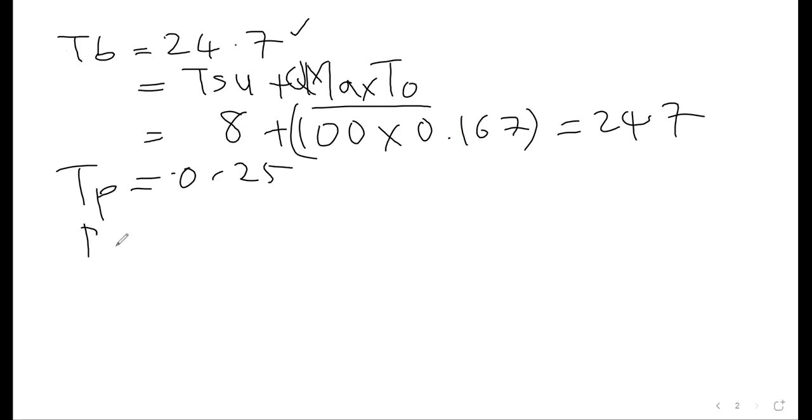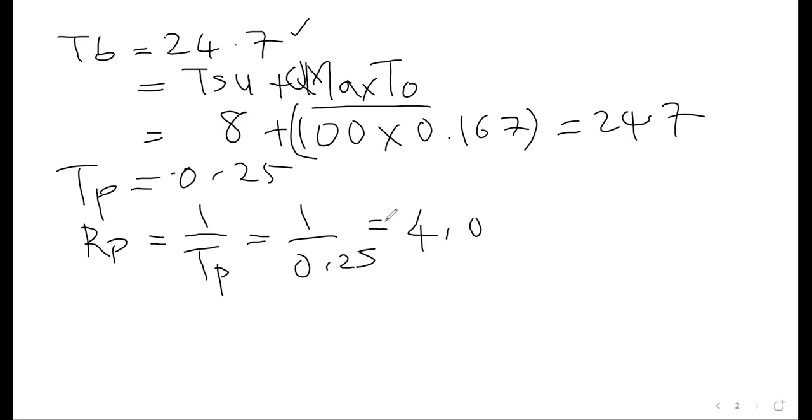So RP equals, you can get the answer is 4.05 pieces per hour. So that is the answer for C.